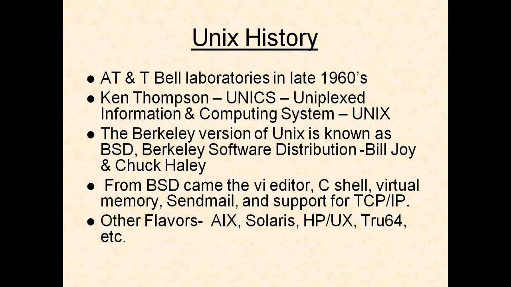That's the reason this operating system is no more in the market now. So right now in the market, the flavors available are Red Hat Linux, Oracle Linux, Solaris, IBM AIX, and HP-UX. These are the different flavors that we have available on the Unix operating system.